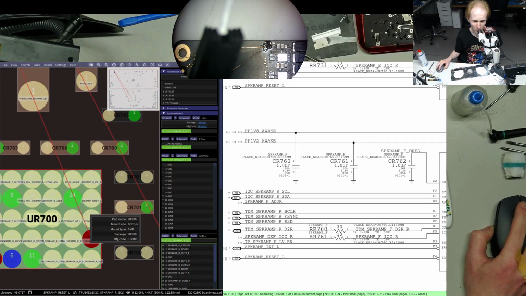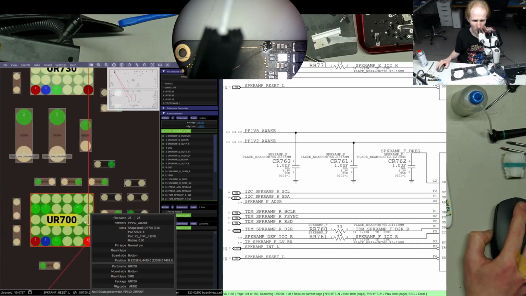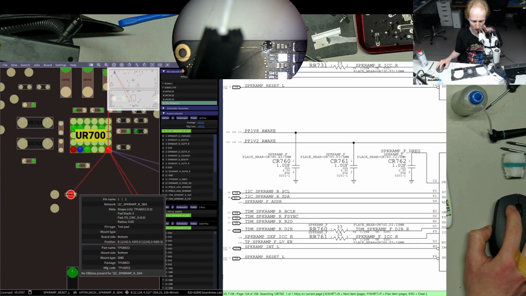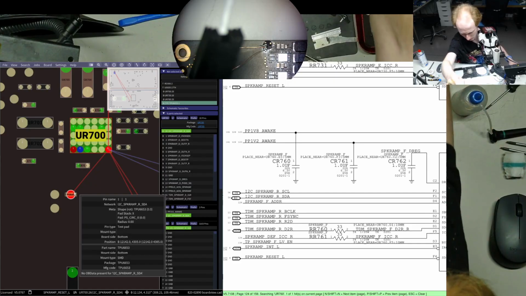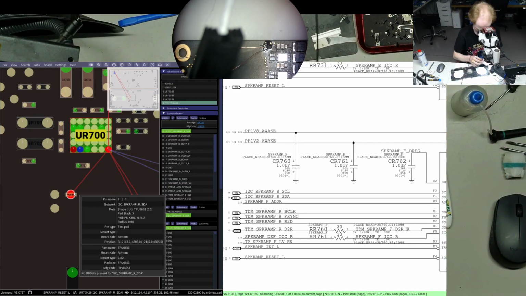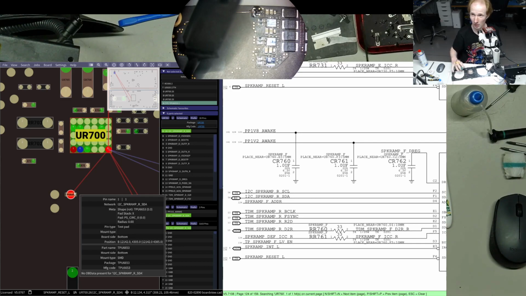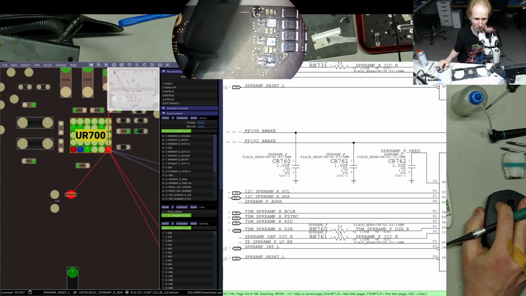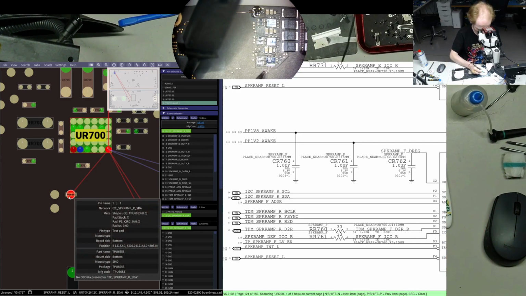I just assumed it was nearby, but it's not. SDA. Okay, so the clock is here and data is here. So for whatever reason they're not paired.